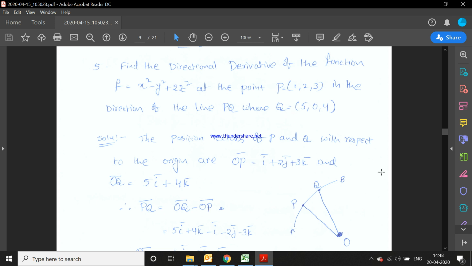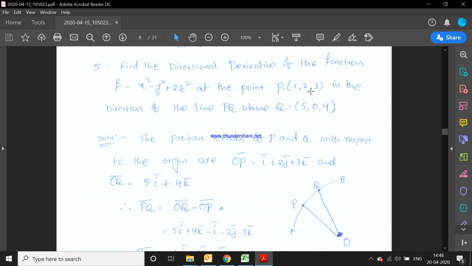Here O is 0, 0, 0 because it is the center, so OQ bar minus OP bar. First, OQ bar, from the given vector, is 5I bar plus 4K bar. Here the Y coefficient is 0, so the J coefficient is 0, so that's why we get only 5I bar plus 4K bar.